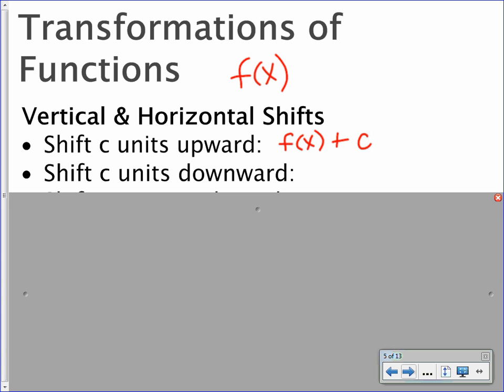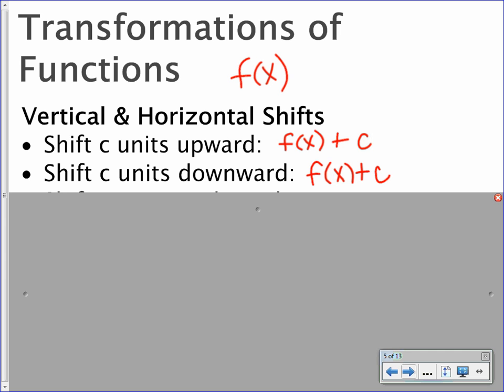What if I want to shift down? We subtract it from the end of our function. Okay, notice how up and down that deals with the y values. So it is outside of our function. It's after our function. That is how the y values get affected.